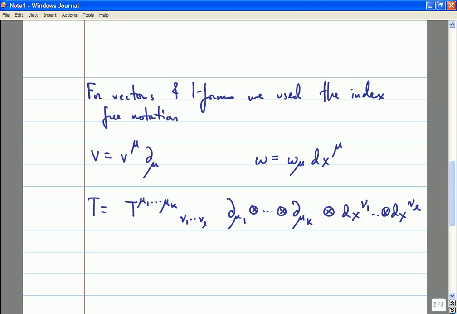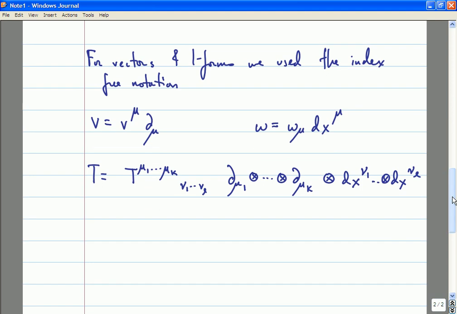And now, of course, you need some way of multiplying together these derivatives and infinitesimal displacements. There's a formal sort of multiplication that you can use to do so, which is called the tensor product. So this x with a circle around it is referred to as the tensor product.